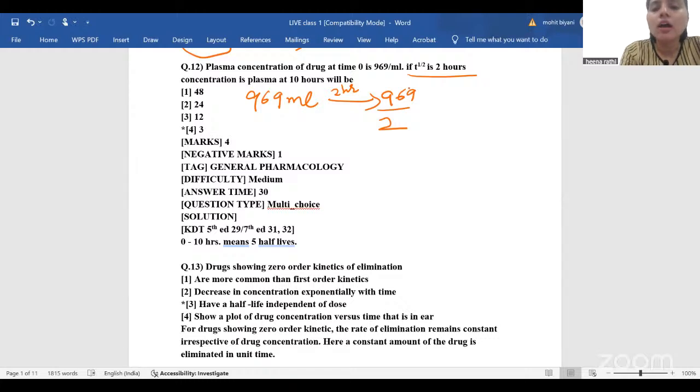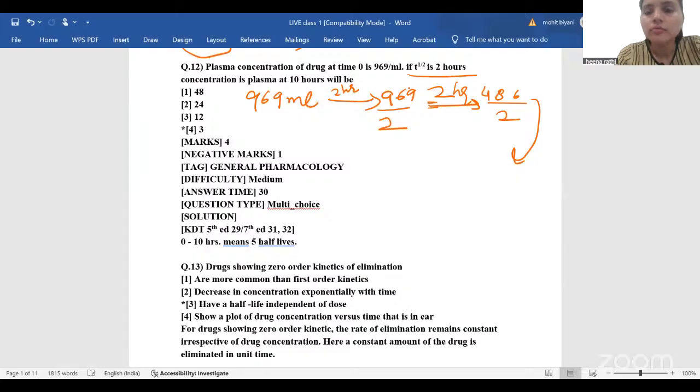Then after another 2 hours, it is going to be half of this value. Half of this value will be almost this. Half of this after 2 hours will be this.